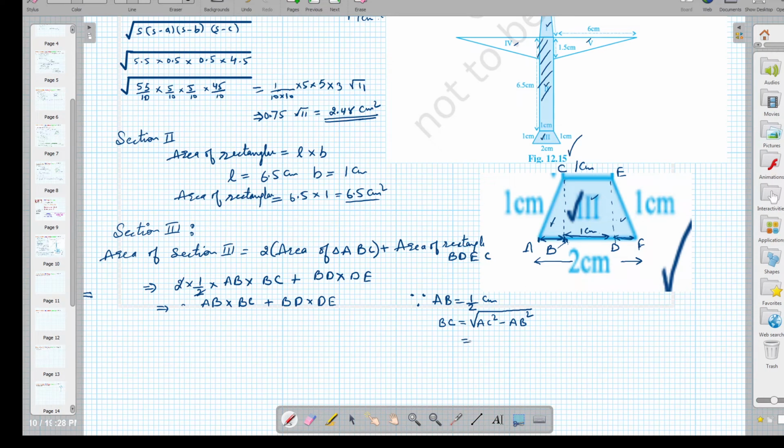So that is equal to the value of AC, that is 1 raised to the power 2, minus AB, that is 1 by 2 raised to the power 2, within square root. So this comes out to be square root of 1 minus 1 by 4. That comes out to be square root of 3 by 4. That comes out to be under root 3 by 2.